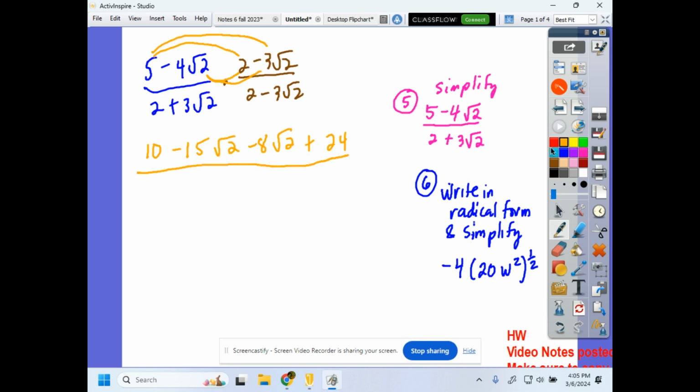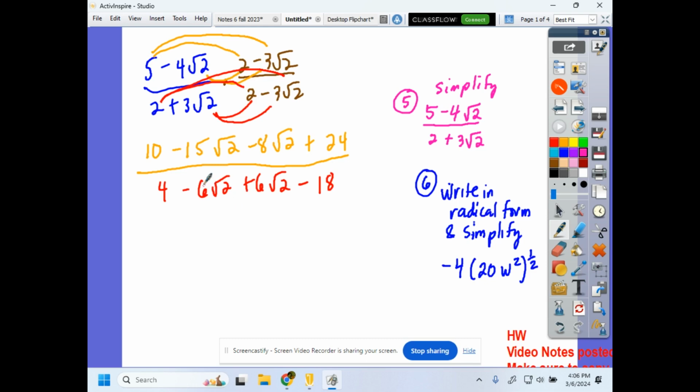The bottom one, 2 times 2 is 4. 2 times negative 3 square root of 2 is negative 6 square root of 2. This one here is positive 6 square root of 2. And this one here is negative 9 because 3 times 3 is 9. Square root of 2 times square root of 2 is 2. So this would be negative 18.